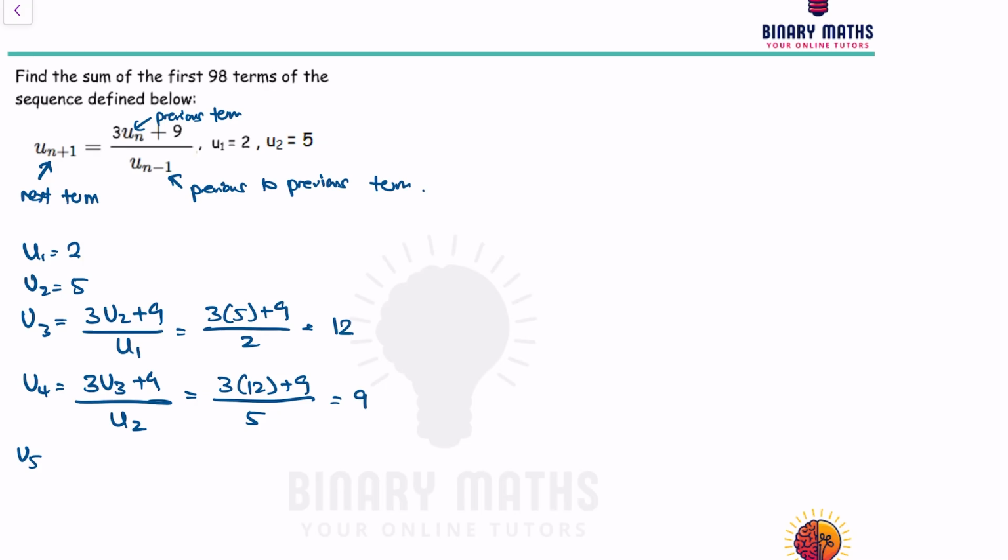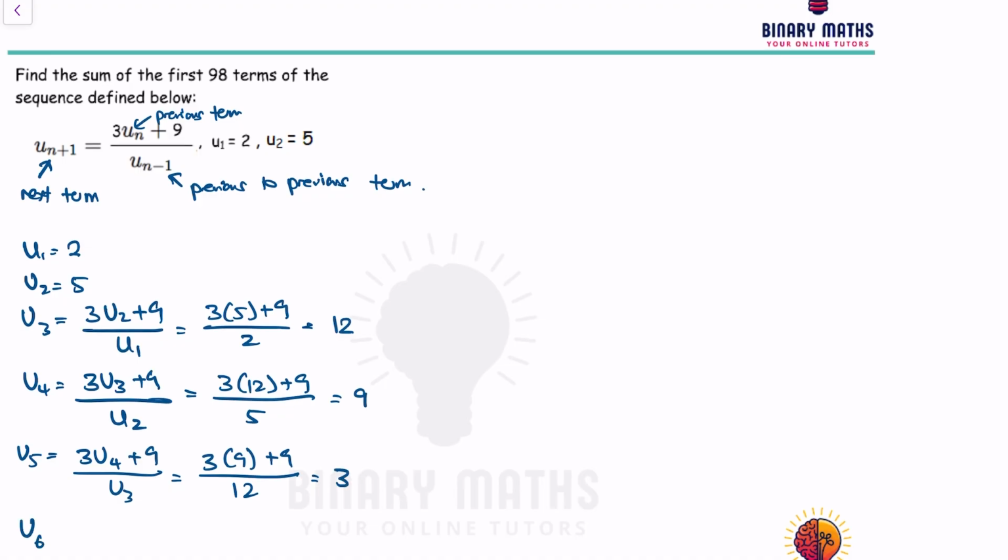Okay, U5 will be equal to 3 times U4 plus 9 over U3, which is equal to 3 times 9 plus 9 over 12, which is equal to 36 over 12, which is 3. U6 is equal to 3 times U5 plus 9 over U4, which is equal to 3 times 3 plus 9 over 9, which equals 9 plus 9 is 18. 18 divided by 9 is 2.